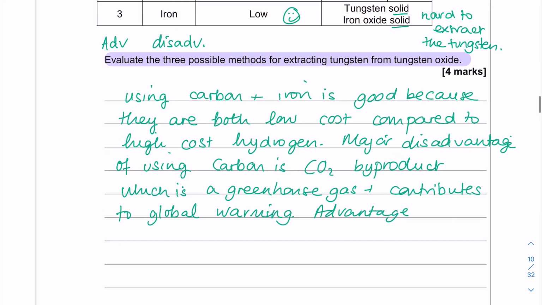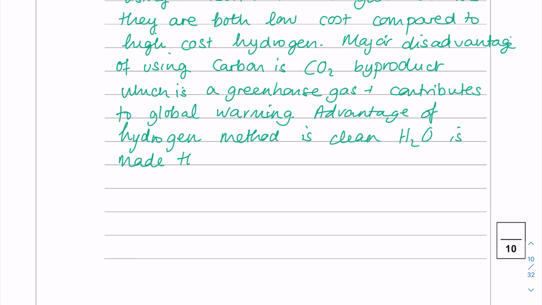Advantage of hydrogen method is clean. Water is made that will readily escape and be separated from your tungsten because it's a vapour.